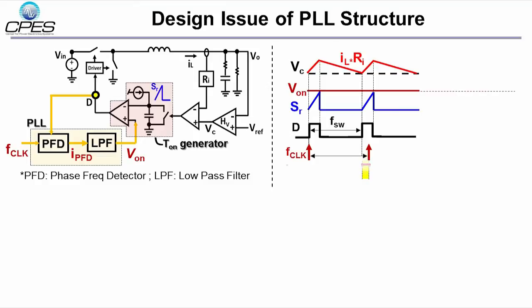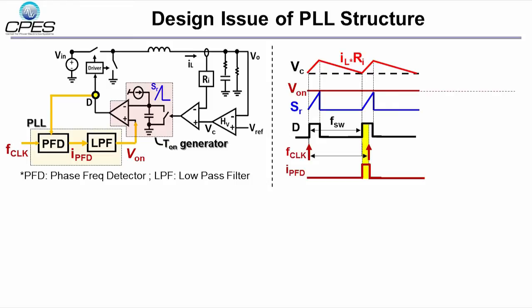So, in the first stage of the phase lock loop, the PFD, called the phase frequency detector, will check the rising edges of two signals and identify the frequency difference, then generate a pulsating current signal, IPFD, whose width is equal to the difference.